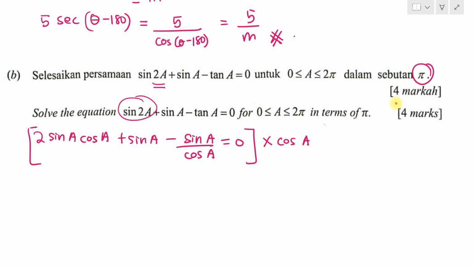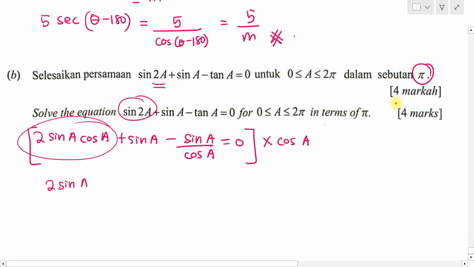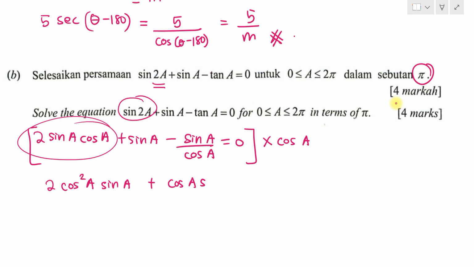So cos A, you multiply for the first term here, it becomes 2 cos square A sin A plus cos A sin A, the second term, and the third term, cos A cancels, it is just sin A, equals to 0.